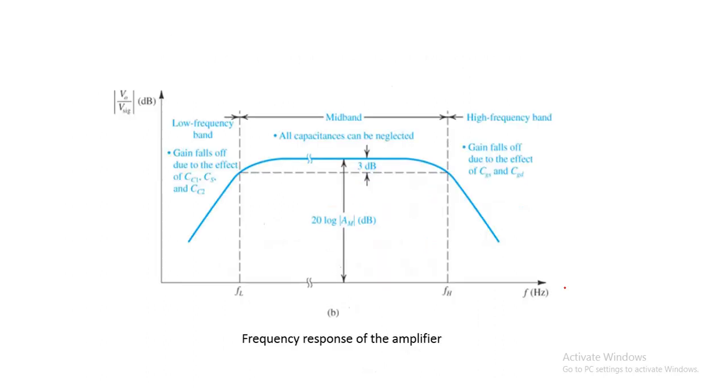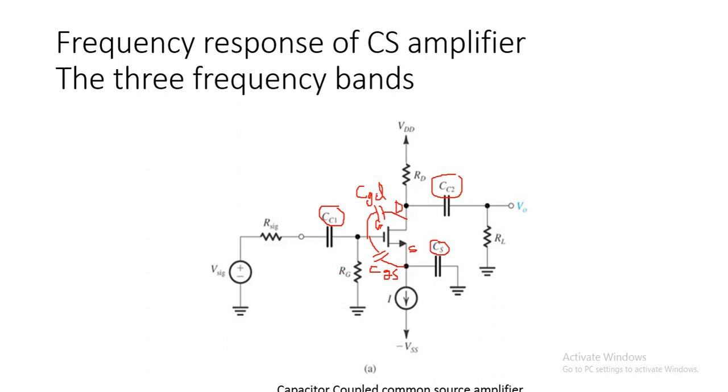amplifier circuit. This is the frequency response of the amplifier, taking into consideration all the effect of the coupling capacitors CC1 and CC2 and the bypass capacitor CS, as well as the internal capacitances CGS and CGD.